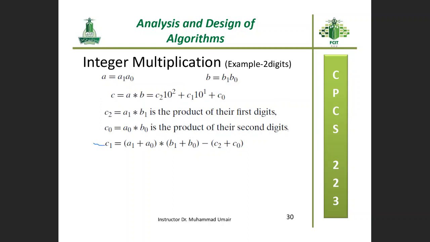So if you rewrite all these values, how many multiplications do you need for a number of two digits? Now the number of multiplications will be, this is 1, this is 2, this is 3. Is that clear?